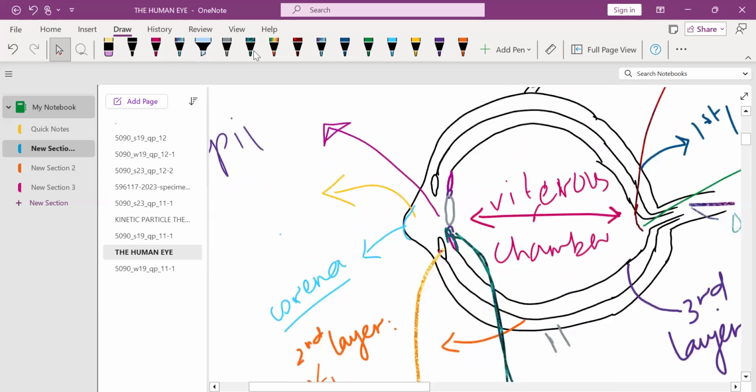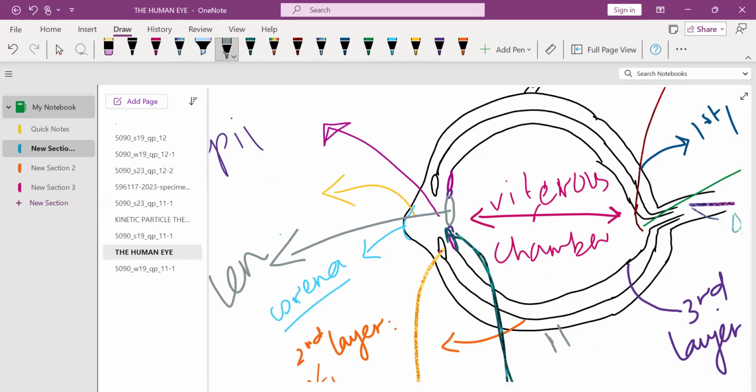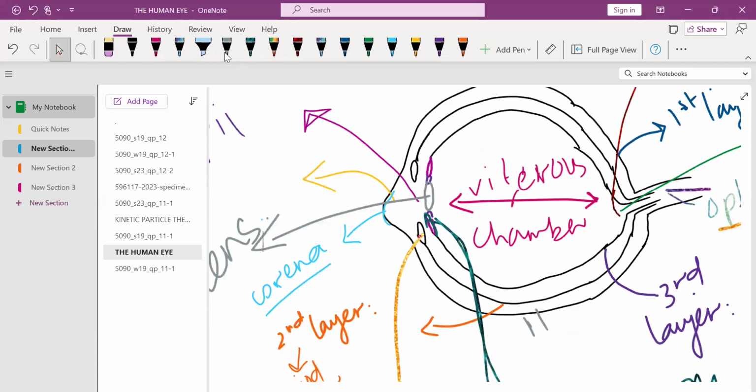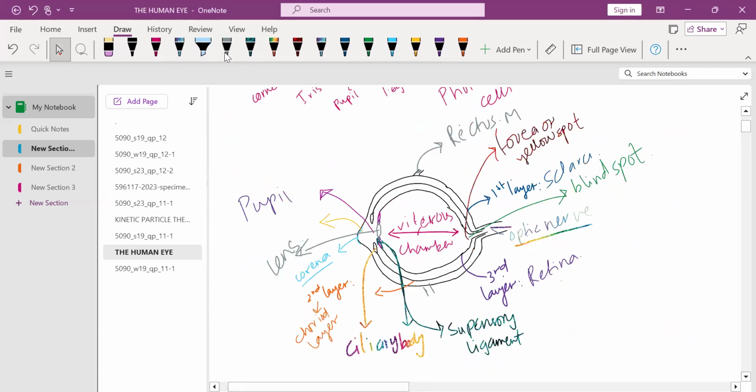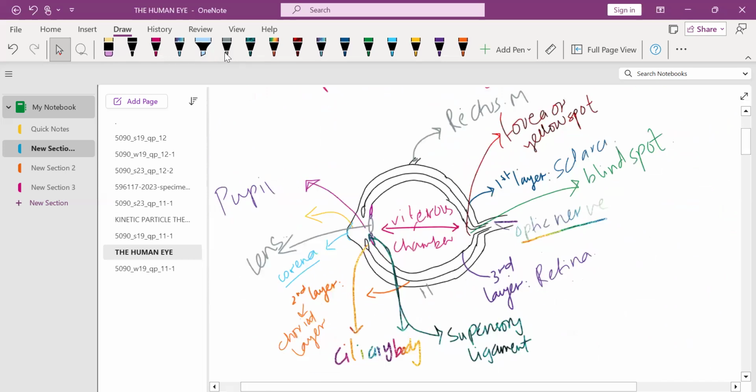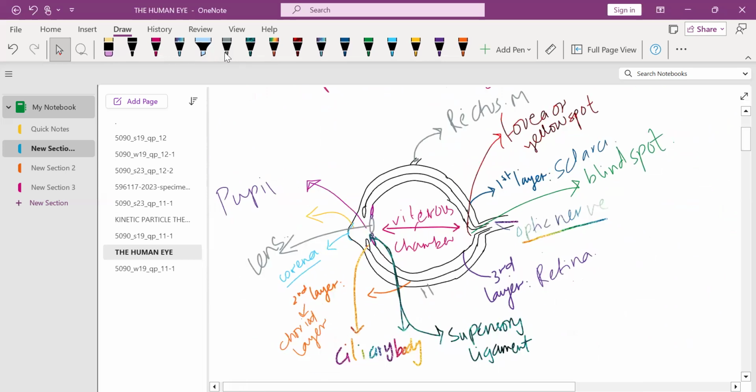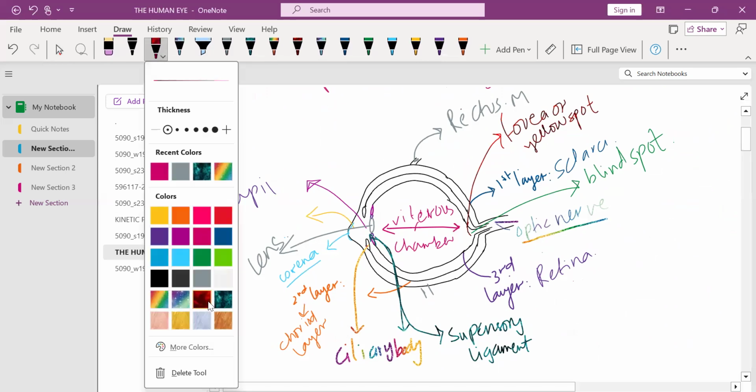The last thing that is left, which I'm highlighting using green color, is the lens. I hope you understand. Just two structures remain. The one that I have highlighted using the red color is the fovea or yellow spot.